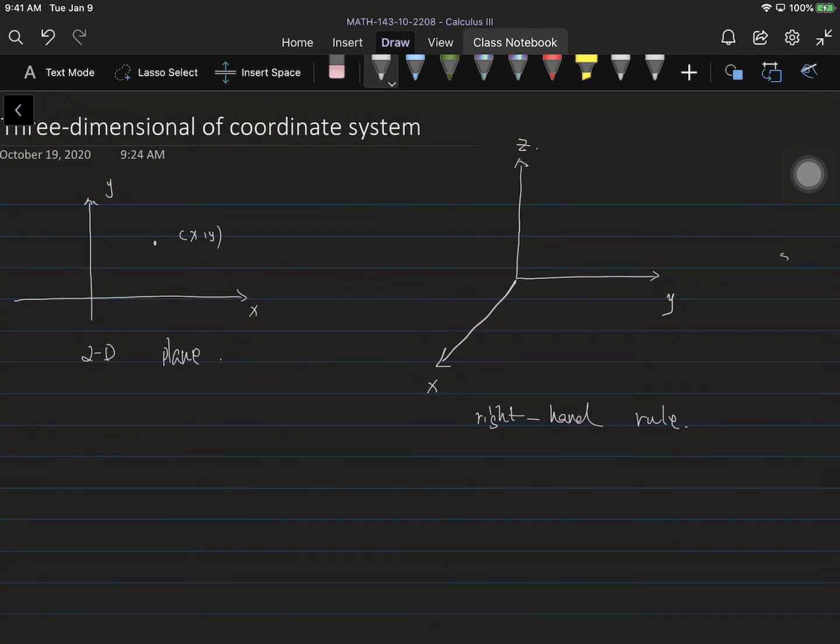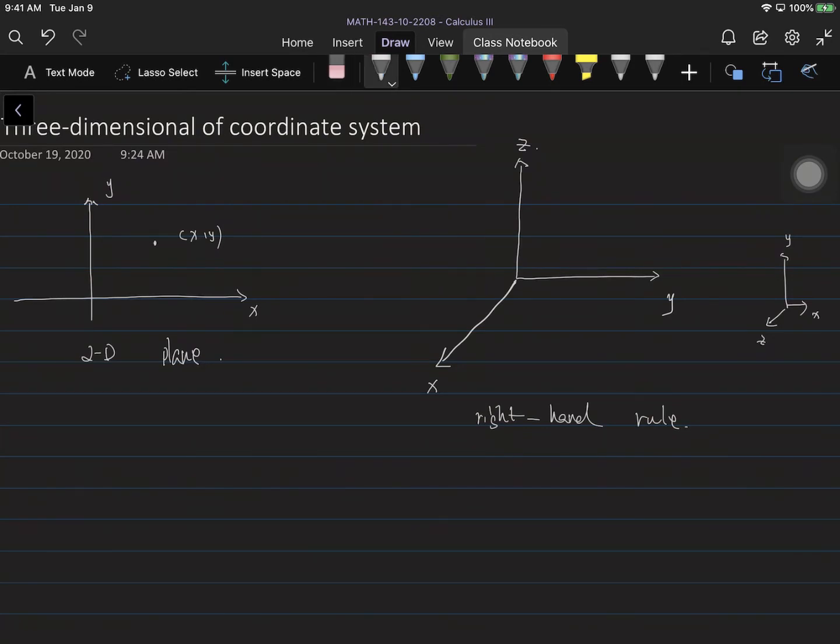You can also draw it the other way. For example, if you choose this x, this is y, and this is z. So, right-hand rule. You can try using your right hand. Your thumb will point to the z direction. But usually we just use this order.